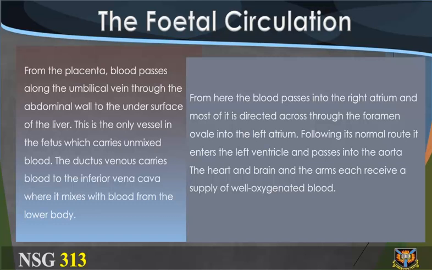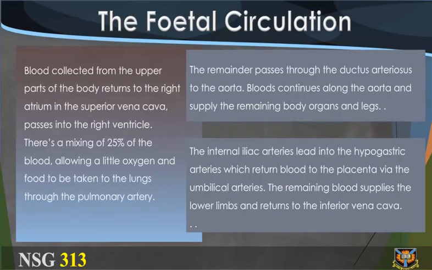The heart and brain, and the arms, each receive a supply of well oxygenated blood. Blood collected from the upper parts of the body returns to the right atrium in the superior vena cava and passes into the right ventricle. There is a mixing of 25% of the blood, allowing a little oxygen and food to be taken by the lungs through the pulmonary artery.